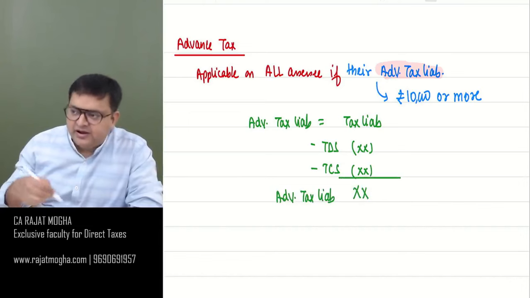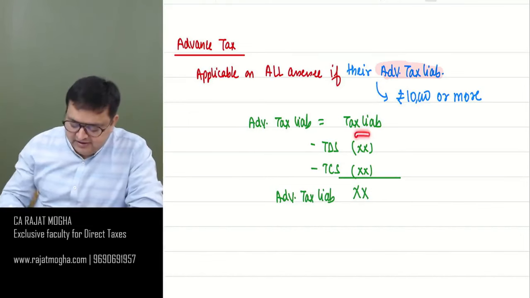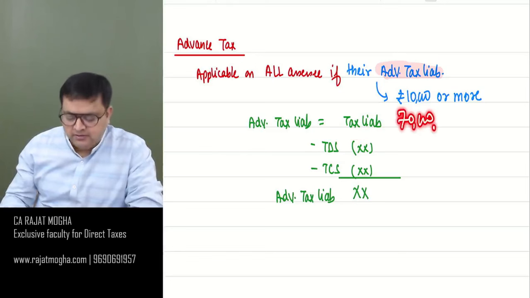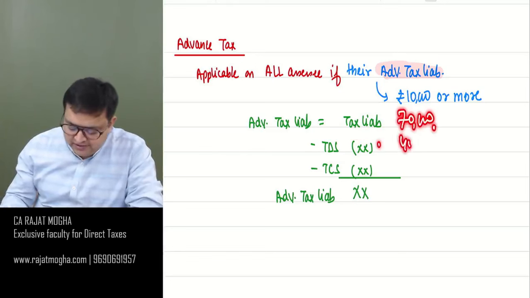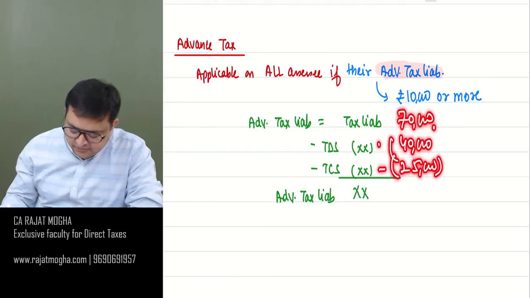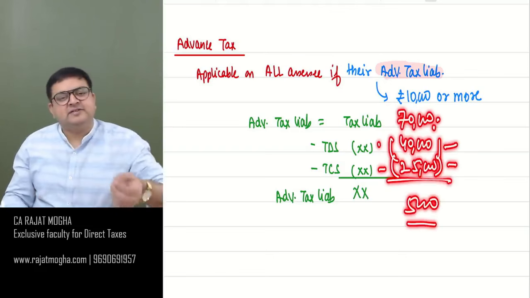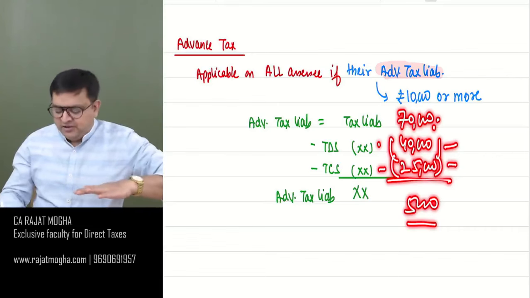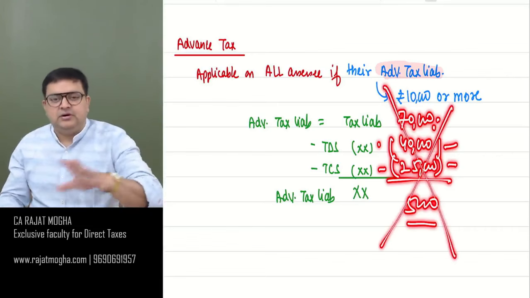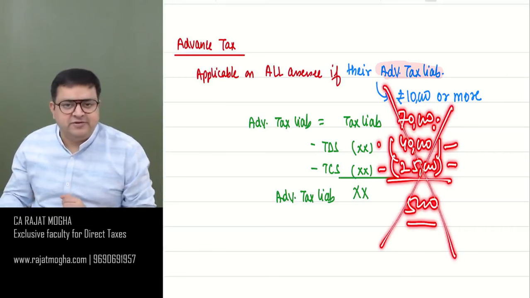So let's say your tax liability comes to rupees 70,000 and your TDS is 40, your TCS is, let's say, 25. 70 minus 40 minus 25 comes to 5,000 rupees. So advance tax liability is coming as 5,000 rupees. You are not supposed to follow the advance tax provisions, right?